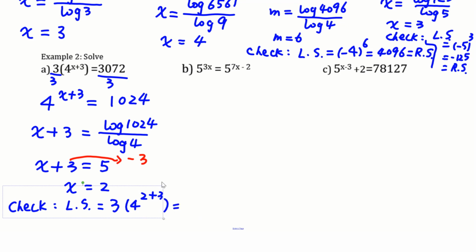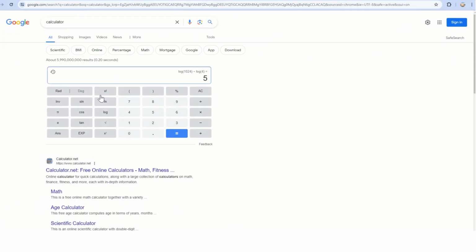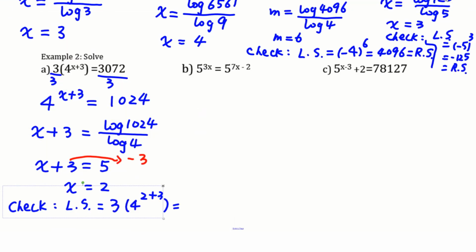Then see if that equals 3072. So 3 times 4 to the exponent 5 equals 3072. So it equals the right side, and we know that our solution is correct.